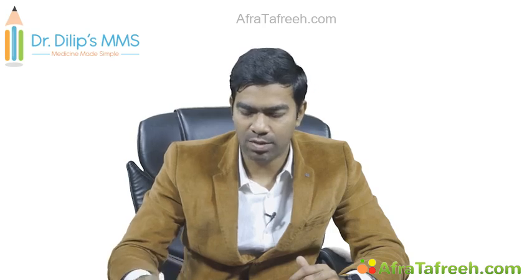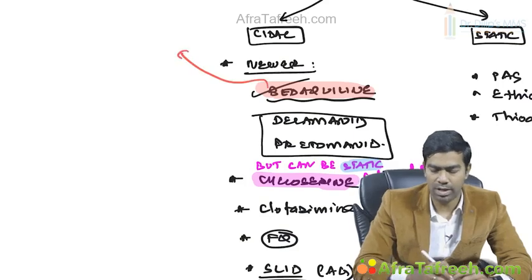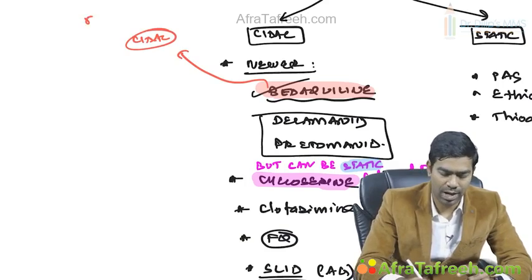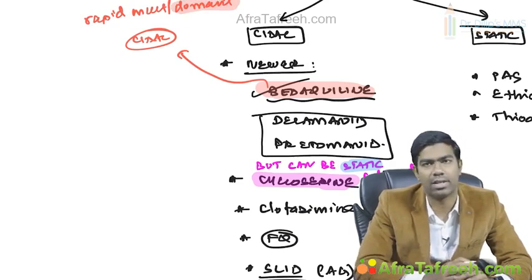So let us discuss the ever important bedaquiline first. That's why I wanted to put it on top, because this is going to be the most important drug for your exam. Bedaquiline, first you have to know it's a cidal drug, and it has an excellent property of acting on rapid multipliers as well as on the dormant bacteria, which means it has excellent sterilizing activity as well.